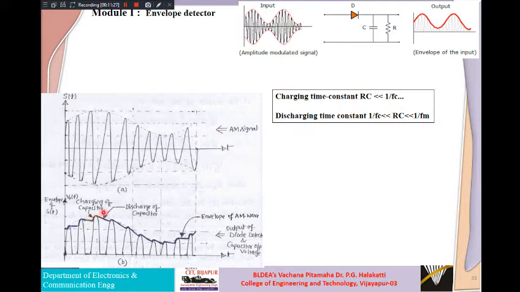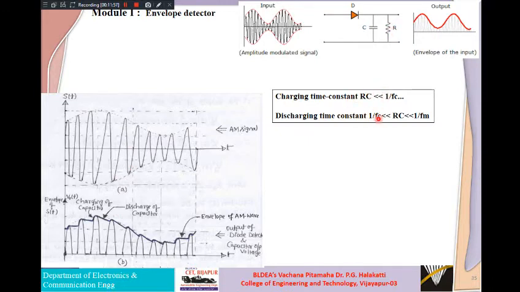The idea of making charging time very short and discharging time very large is to approximate this charging and discharging with the envelope only. Okay, try to understand here. The main intention of making the charging time very short compared to the discharging time is to make this almost a straight line, like the envelope, so that we get the envelope at the output, across the resistance, that is the load.